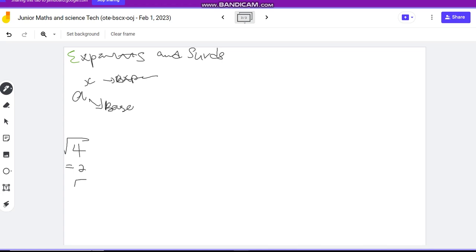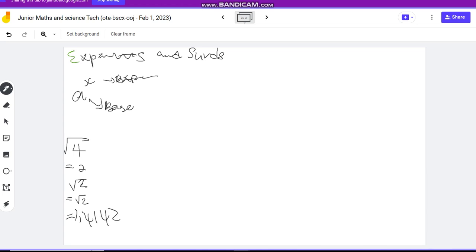But when we come to the square root of 2, if you hit your calculator, it can give you again the square root of 2. Other than that, you can just hit SD and then it will give you a certain number, which can be 1.4142, something like that. You see that?